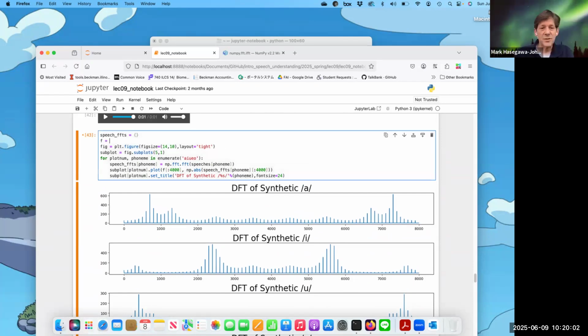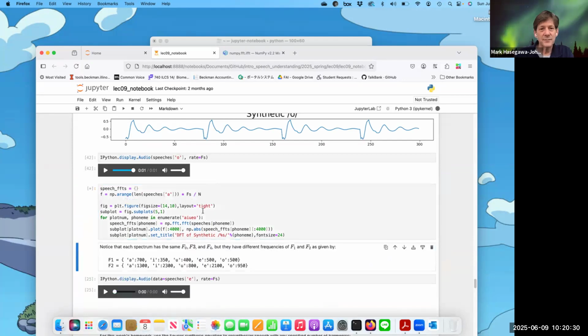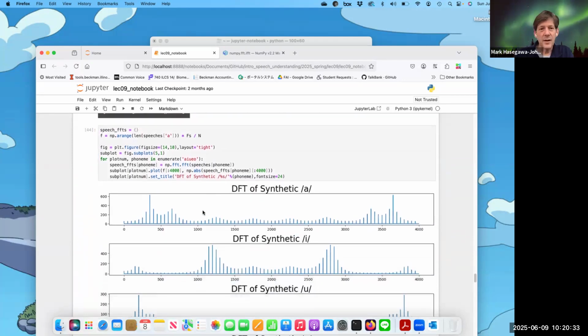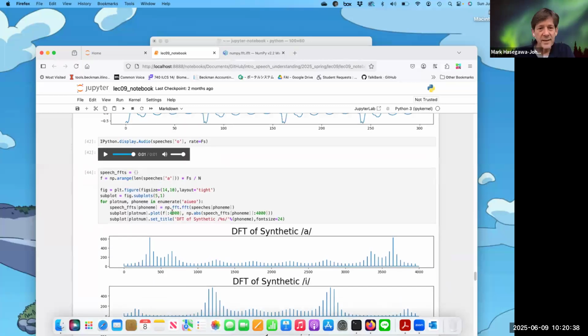F should be equal to np.arange length of the speech signal, over fs, times fs, which is in samples per second, so times fs over the length of the FFT. Let's see if that works. There we go. Okay, it's showing the full 8,000 there, isn't it?